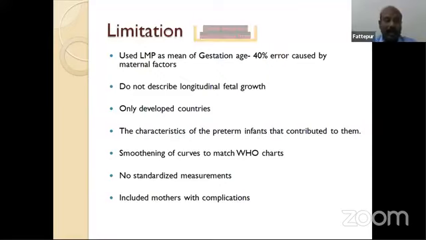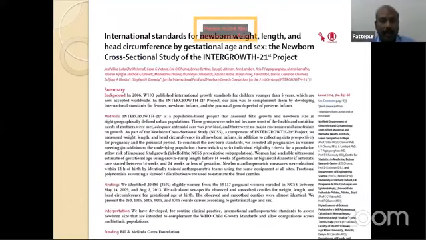Many of these limiting factors were taken care of. In this study, the Intergrowth 21st study I have told you about, in addition to the longitudinal study, they also did the cross-sectional study of the international standards of newborn weight, length, and head circumference by gestational age and sex.